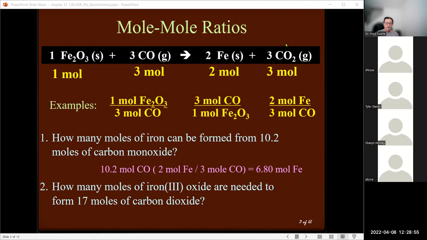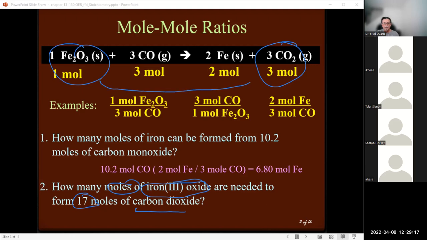All right, next question says, how many moles of iron 3 oxide are needed to form 17 moles of carbon dioxide? So what we are concerned about based on the question are carbon dioxide and iron 3 oxide.